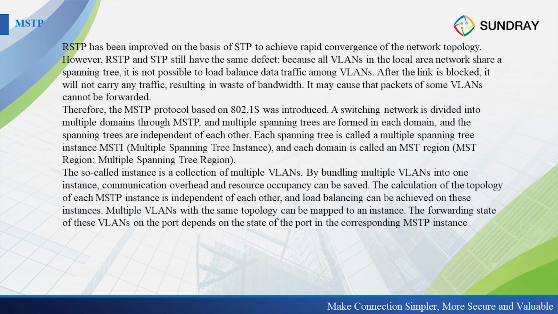So sometimes some switch nodes break down and the topology has already changed, but the VLAN cannot cross the switch, so it will cause the VLAN packets to be unavailable. Some VLANs cannot be forwarded.